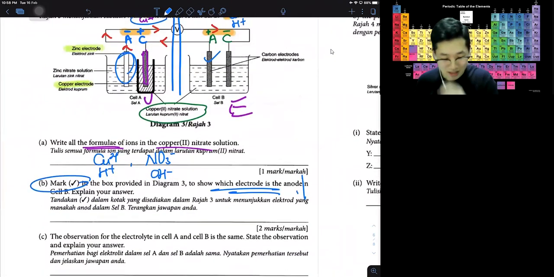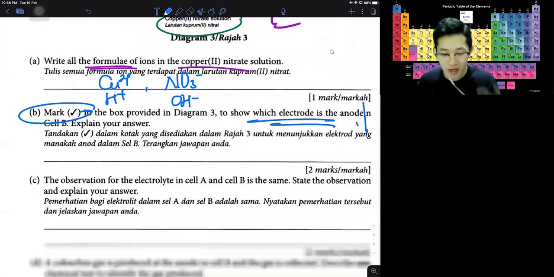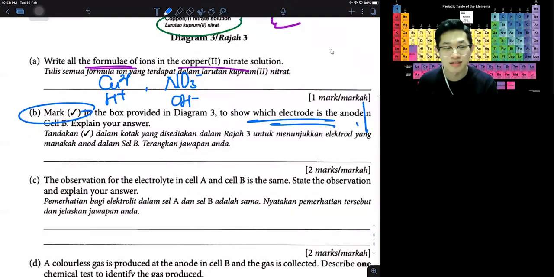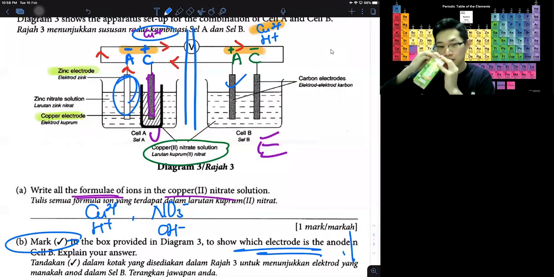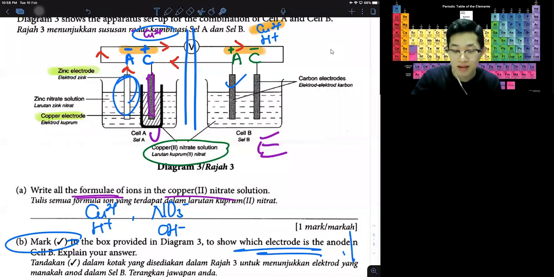And then they ask you, why is it the anode? How do you know that this is the anode? Why can't it be the cathode?